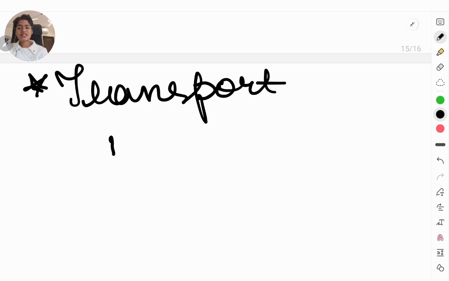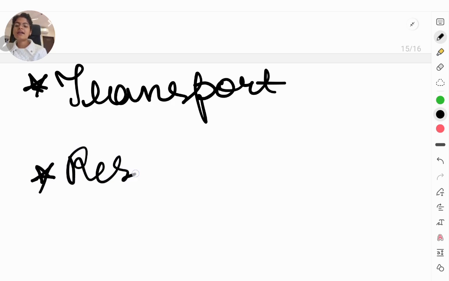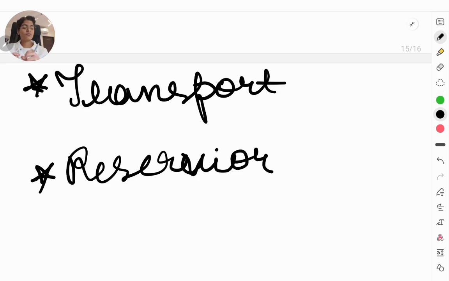Also, we saw transferrin and ceruloplasmin, the globulins, they were helping in transport, transferrin for ferrous iron and ceruloplasmin for copper. So then comes the reservoir function. They also act as reservoir, like they form a light, loose bond with hormones, drugs and metals.